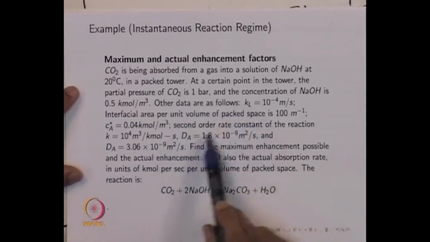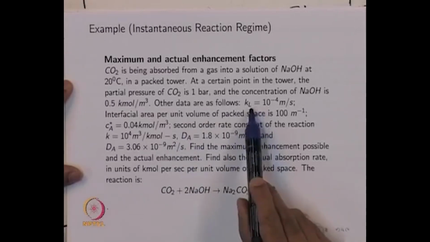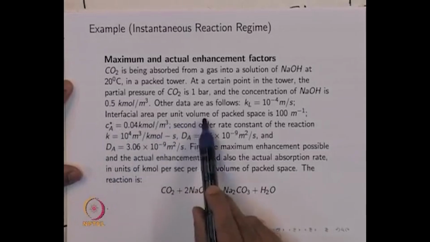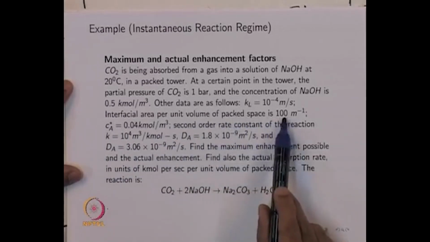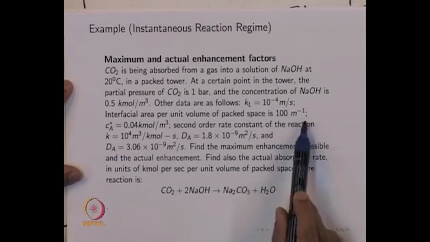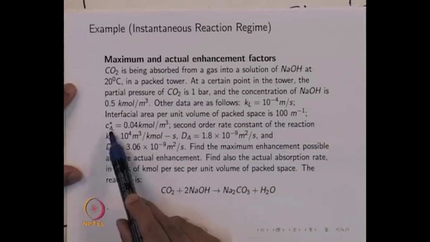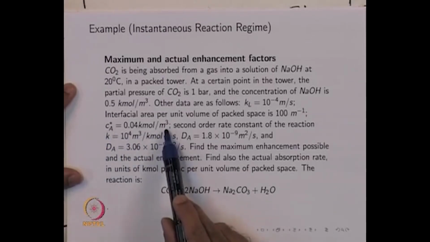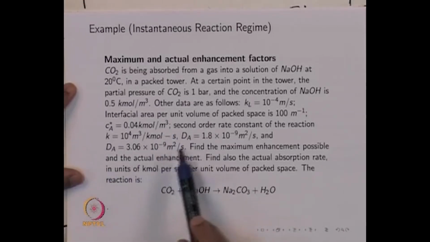Other data are as follows. The physical mass transfer coefficient is 10 to the power minus 4 meters per second. Interfacial area per unit volume of packed space is 100 meter inverse, that is 100 meter squared per meter cubed of packed space. The concentration of A at the interface is given as 0.04 kilomoles per meter cubed. We assume that the gas phase resistance is negligible.